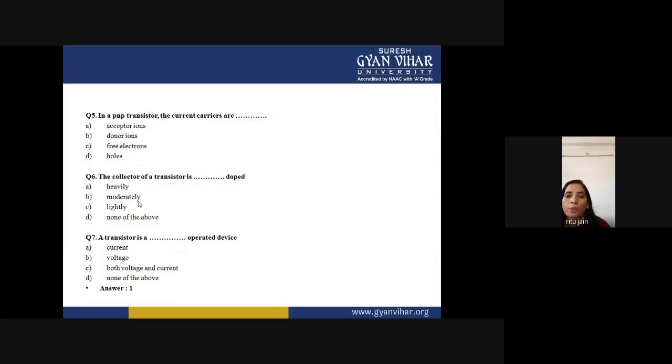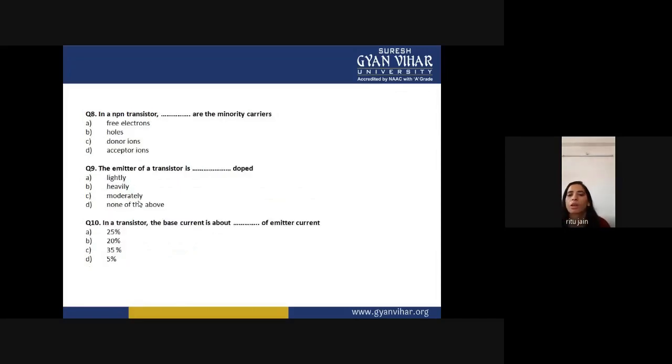If you can control the base current, then you can easily control the output voltage of the transistor. The options are: current, voltage, both voltage and current, and none of the above. The right answer is current, because a transistor is a current operated device.